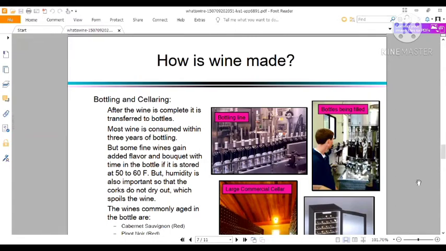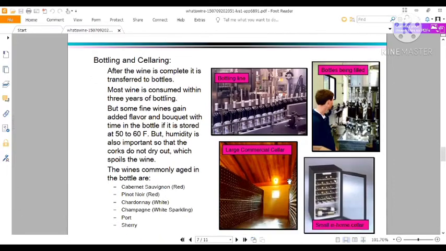Always remember the temperature of the bottle. When you want to store the wine, it should be 50 to 60 degrees Fahrenheit, but humidity is also important so that the cork does not dry out, which spoils the wine. Okay, if the cork becomes dry, your wine might become spoiled.